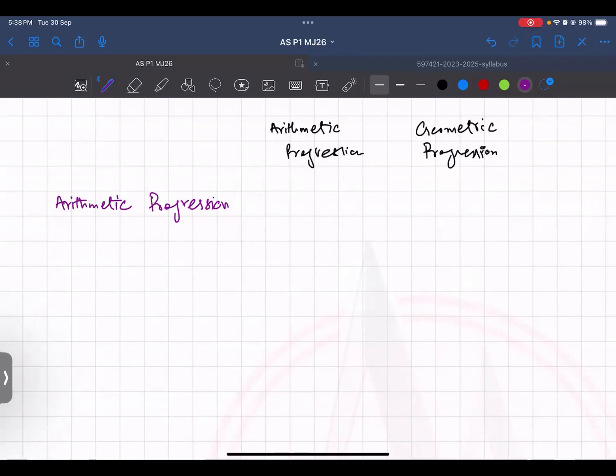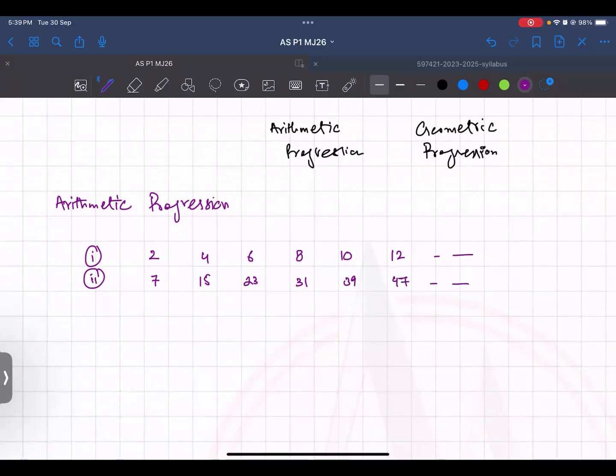How do you identify which one is which? Arithmetic progression. These are some examples. For example, you have 2, 4, 6, 8, 10, 12. You have, let's suppose, 7, 15, 23, 31, 39, 47.